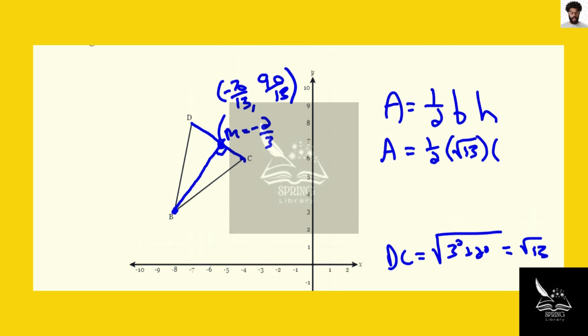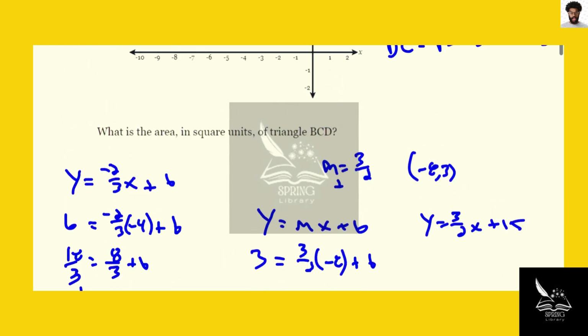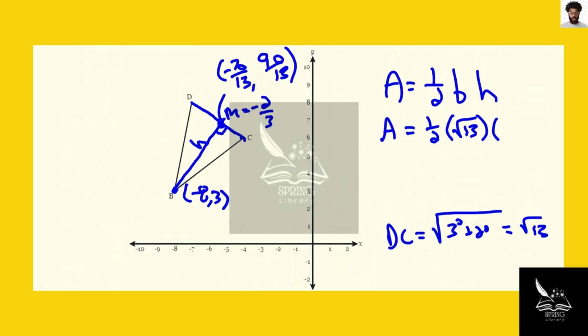All right, so what does this mean? We now can find the height of this triangle by finding the distance between point B at negative 8, 3 and negative 70/13, 90/13. So I'm going to write them down here, negative 70, 90, and negative 8, 3.